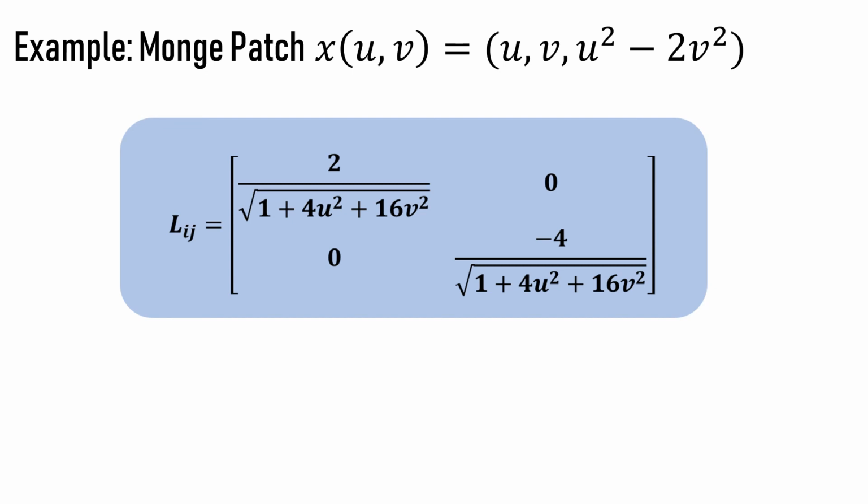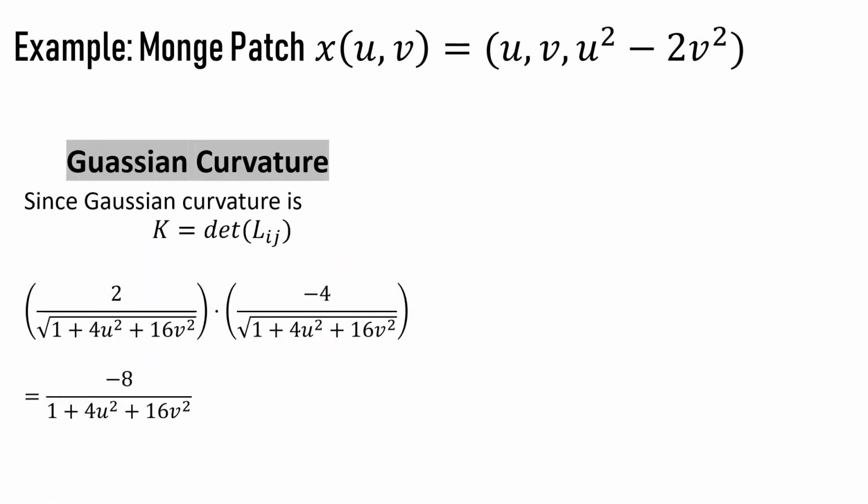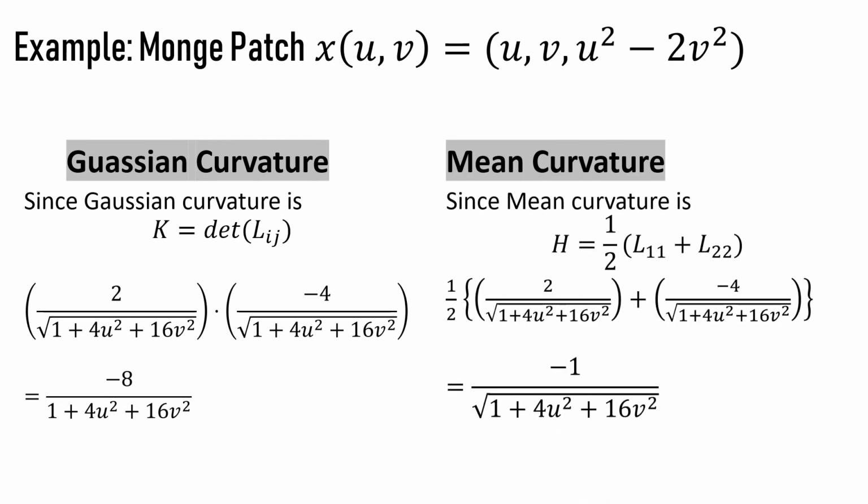We can simply get the determinant of L_p by multiplying those two diagonal entries. So the Gaussian curvature turns out to be 2 times minus 4, which is minus 8, over 1 plus 4u squared plus 16v squared. And the mean curvature you can calculate as one half of the sum of those two numbers: 2 minus 4 is minus 2, and the minus 2 and the 2 cancel out, so we are left with minus 1 over square root of 1 plus 4u squared plus 16v squared.